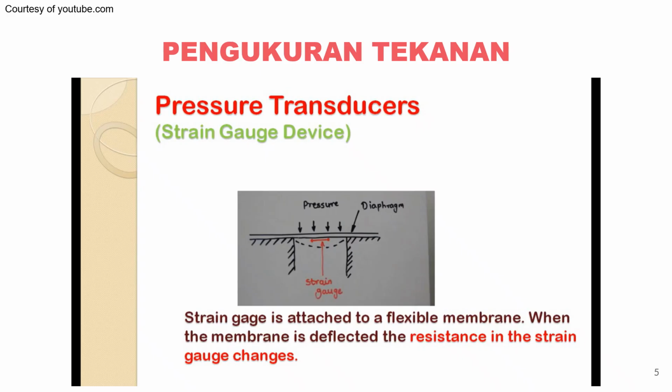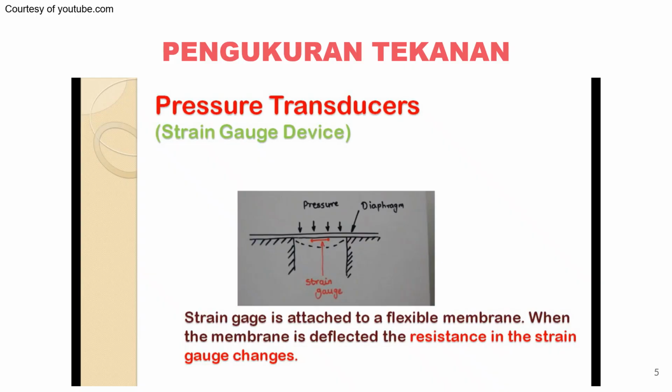Due to this unknown pressure, the elastic membrane gets deflected and stretched. So when the elastic membrane gets stretched, it eventually stretches the strain gauge, or thin wires, which are attached on the other side of the elastic membrane.